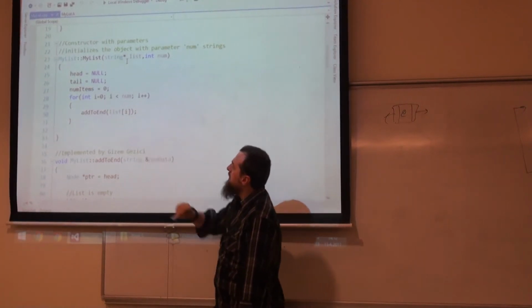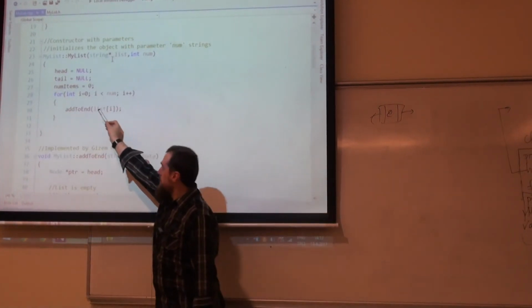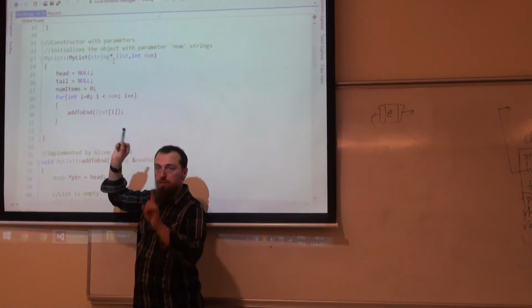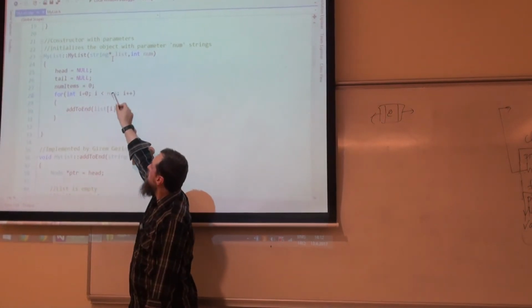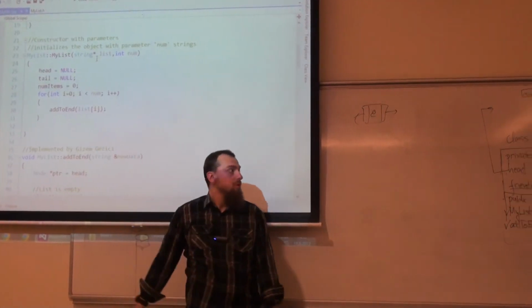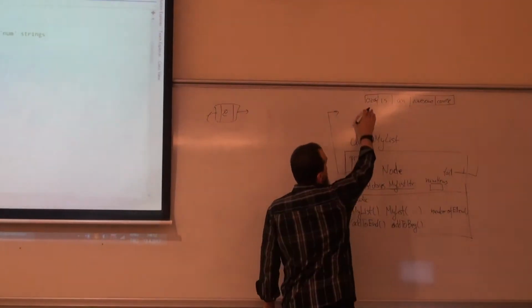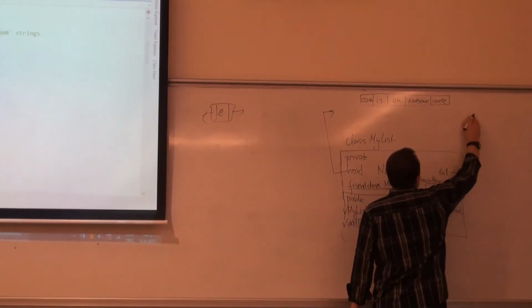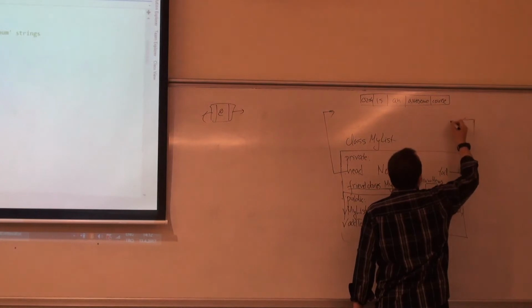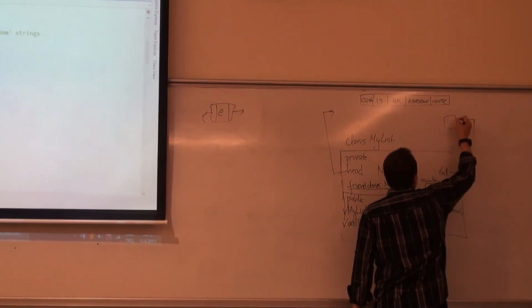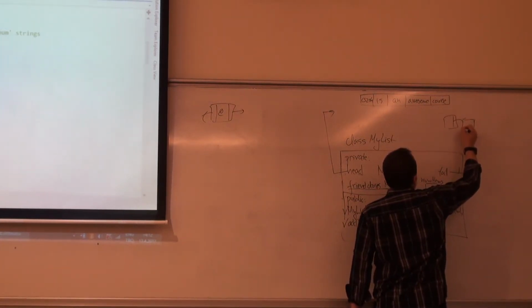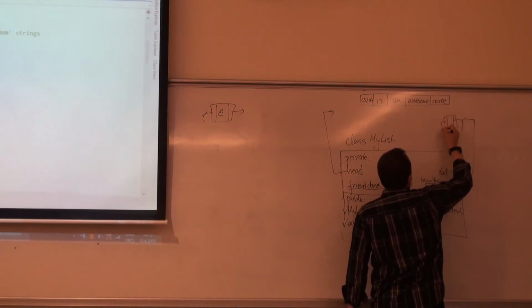But then we iterate over all of the elements from 0 to the number, and we have to add those elements. We start from here. We have to add CS204. Basically, we have something like this initially.